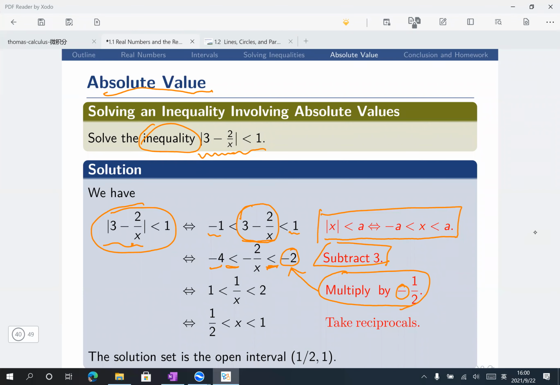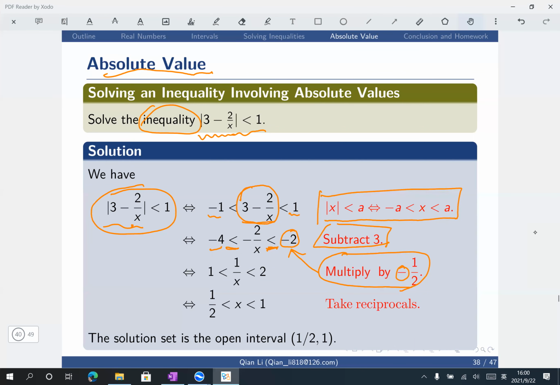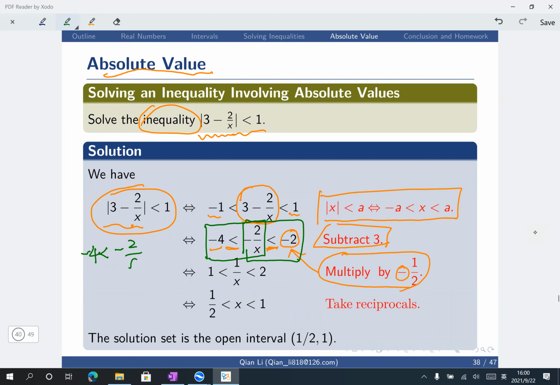Let's see the first inequality. We see that minus 4 is smaller than minus 2 over x.